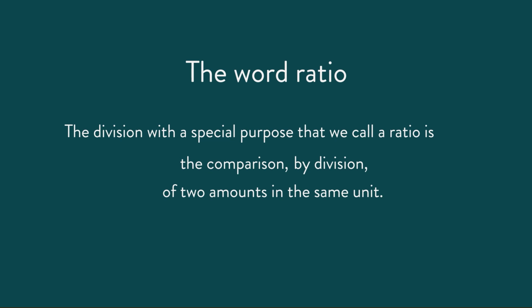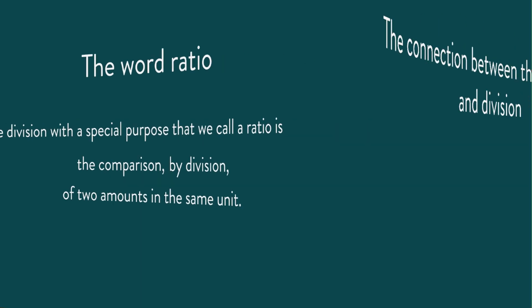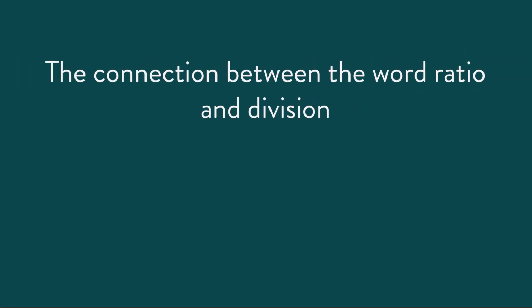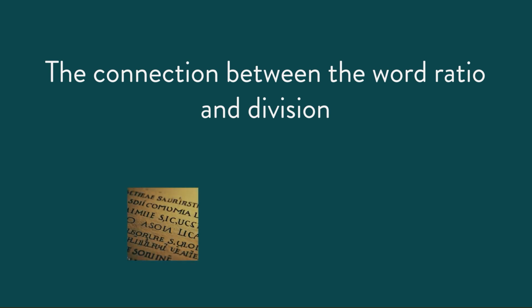Because ratio is a Latin word, it is not obvious from the word itself why it is used in connection with division. We'll now establish the connection of the word ratio with division. The connection between the word ratio and division. The word ratio is not an original English word. The word ratio is borrowed from Latin.